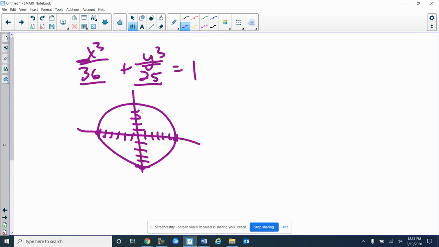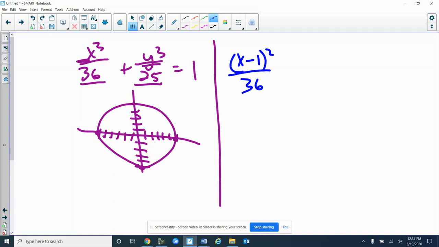I want to add a little bit to that, and this is going to be kind of combining what you did last week with the circles and with the ellipses, okay? You might get an equation that looks like this, maybe x minus 1 squared over 36 plus y minus 2 squared over 25 equals 1.